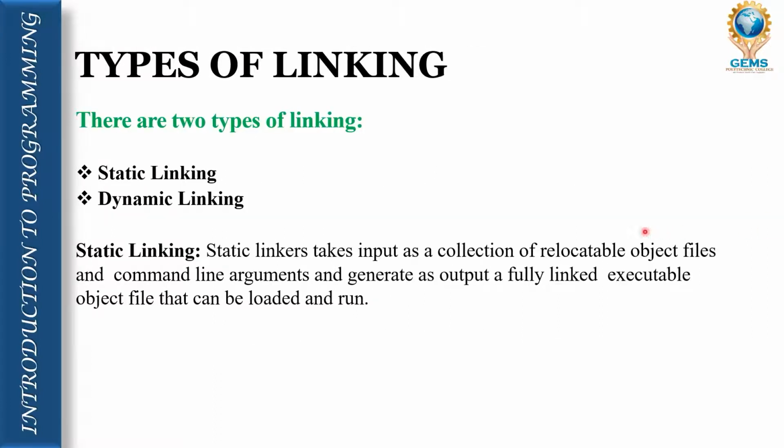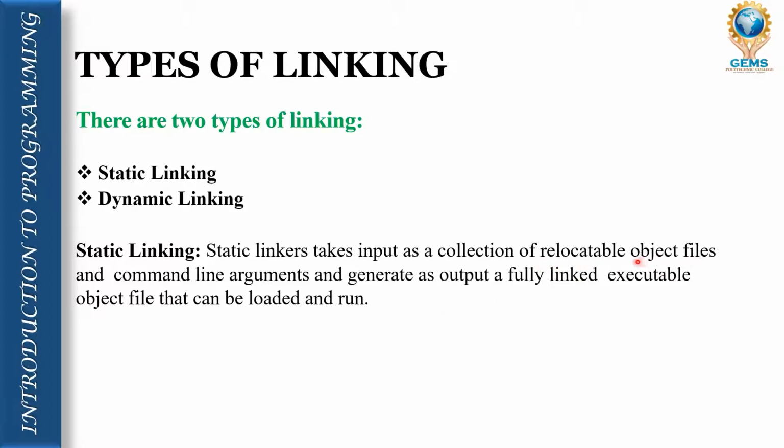Now we will see the types of linking. We have two types of linking: static linking and dynamic linking. We will see them one by one. Static linking takes as input a collection of relocatable object files.